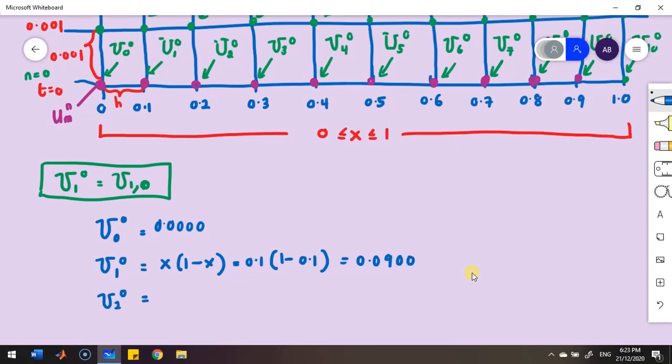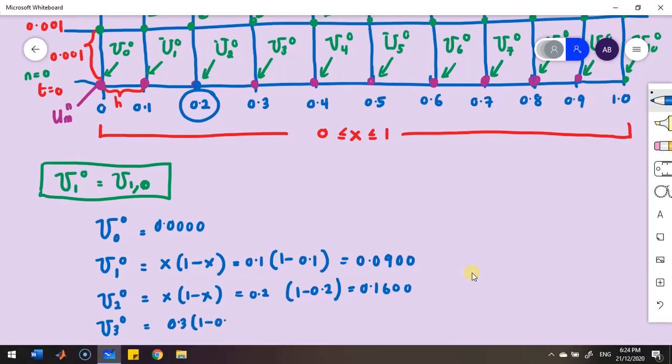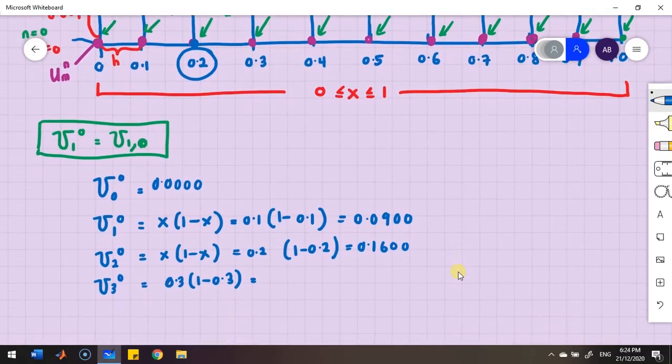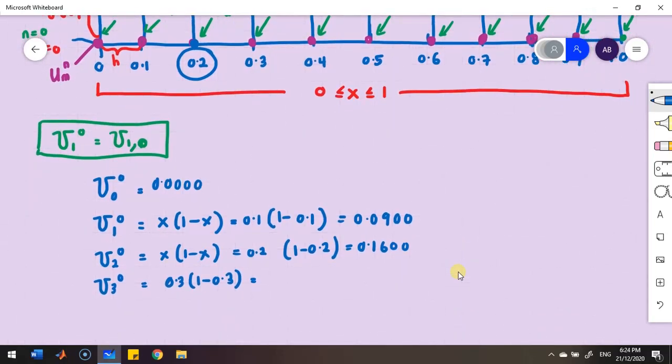So I have U20, given as x times 1 minus x. So I have 0.2 times 1 minus 0.2. My x is 0.2, so 0.8 times 0.2 is 0.16. Then U30: 0.3 times 1 minus 0.3, which is 0.7. 7 times 3 is 21, so 0.2100.